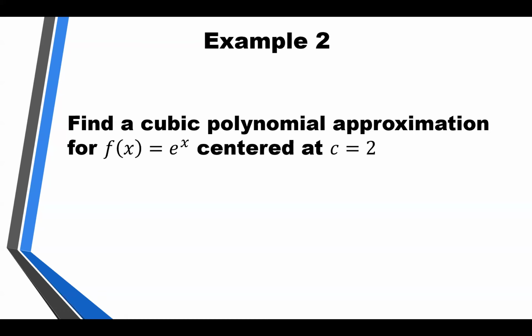But we saw when we plugged in numbers that are kind of far away from 0, it's not a very good approximation. So what if I wanted to center it at a certain other number, like 2, because I wanted to figure out what e to the 2.03 was, for instance?